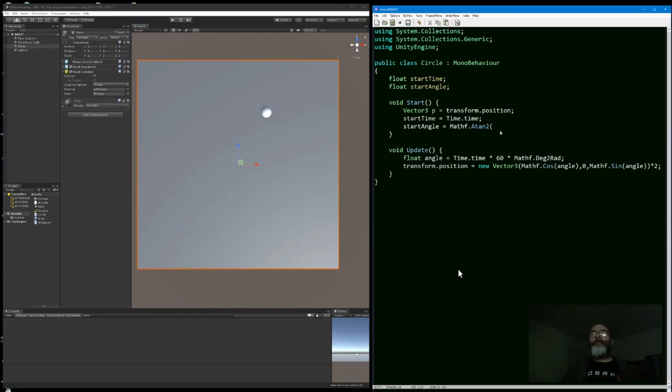So what you do, of course, as you think about the atan2, is you very naturally go in and do the following. P, that's my position, dot x, P dot z, which is the z really being the y, because I have flipped the space around, okay?